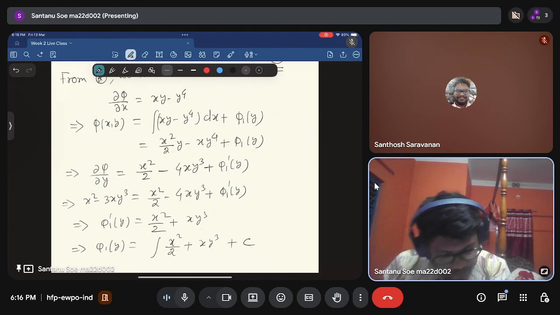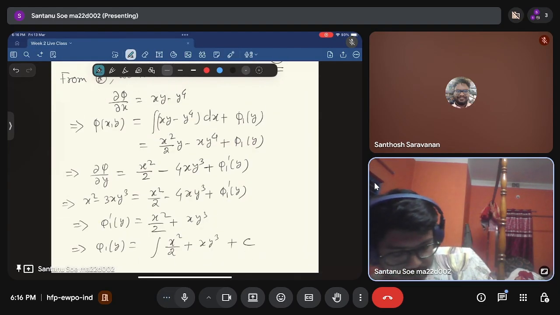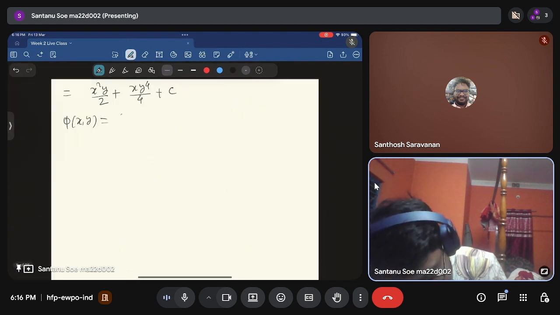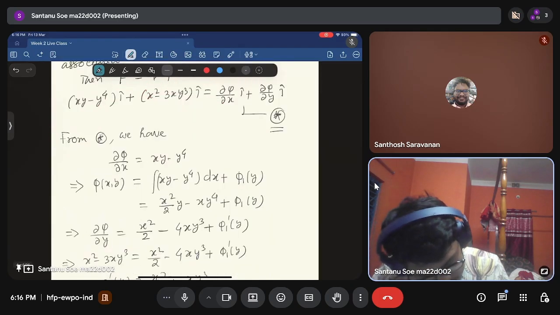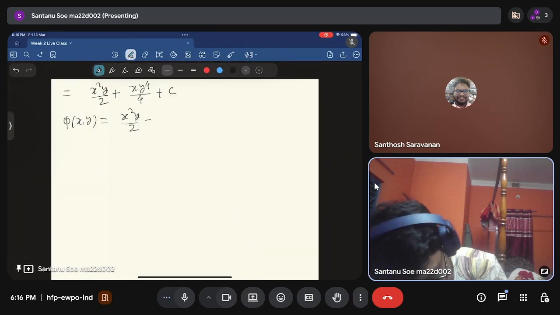So it was x square by 2 y minus x y to the power 4 plus phi 1 of y. So this is x square y by 2 minus xy^4 plus x square y by 2 plus xy^4 divided by 4 plus c.